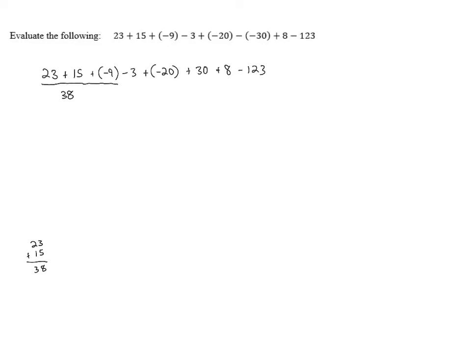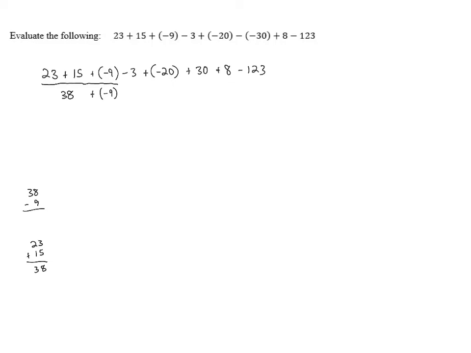Next, we know we have to add negative 9, so I'm going to look at that addition next. Now here, these numbers have different signs, so we know we need to take the difference. So that's going to be 38 minus 9.